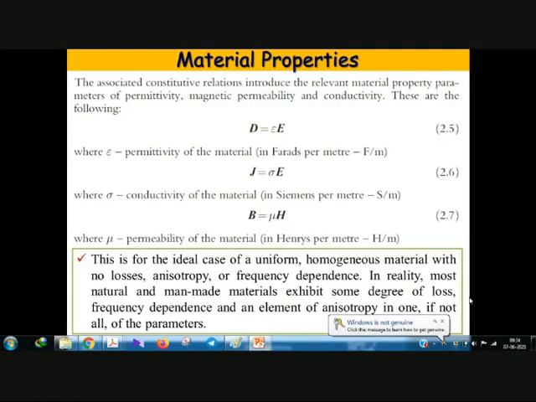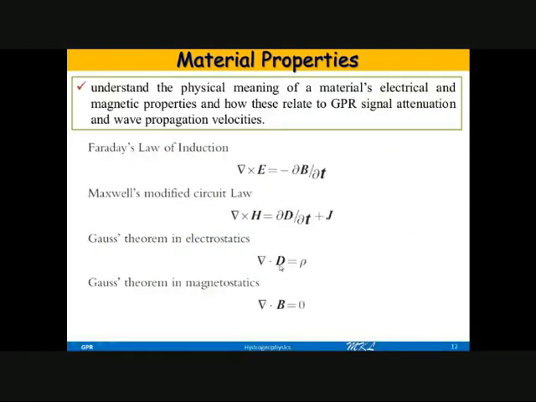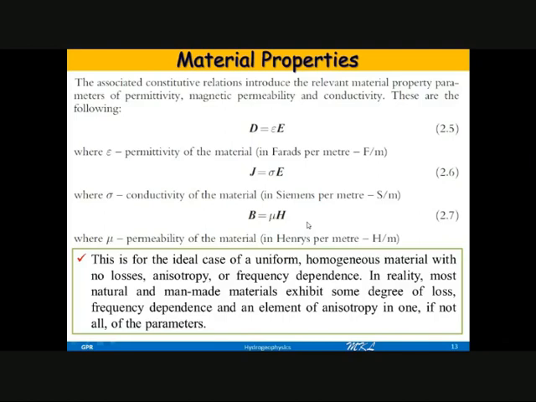So basically Maxwell's law depends on D, J, and B, related to E. It can be written as D equals epsilon E, J equals sigma E, and B equals mu H. So B gives you the magnetic flux density, H is the magnetic field, and mu gives you the permeability value.